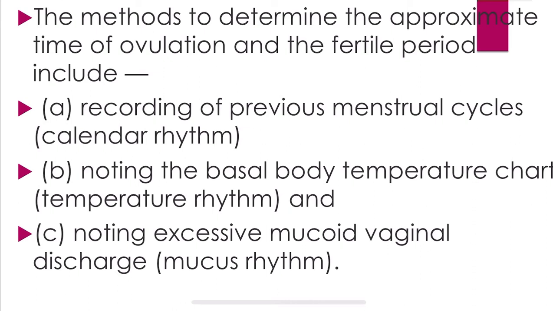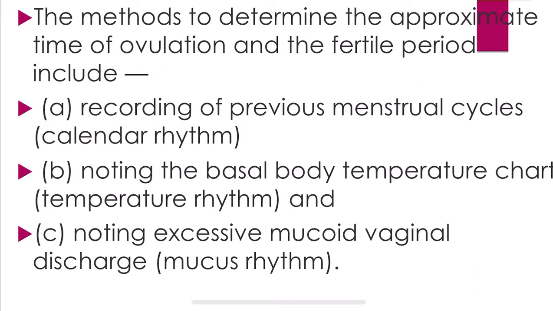Next is noting the basal body temperature chart. We have read about this in the previous chapter on infertility, but here again: the woman records her temperature every day before moving out of her bed. In the first 14 days it is normal. On the day of ovulation it is going to fall by 0.5 degree Fahrenheit.